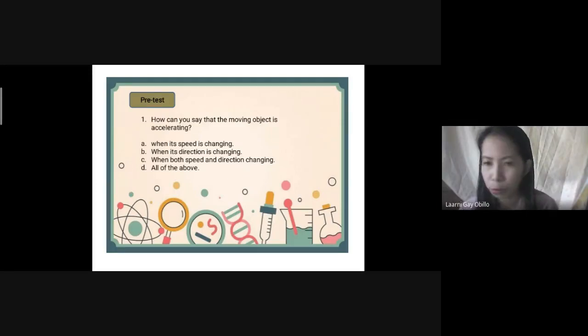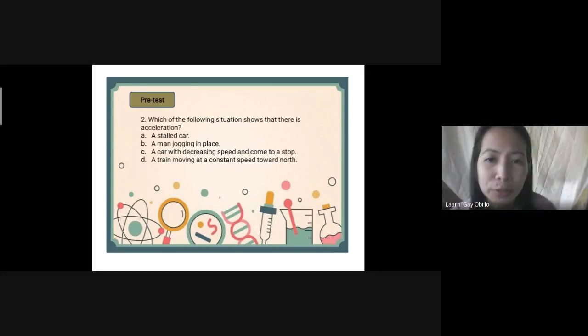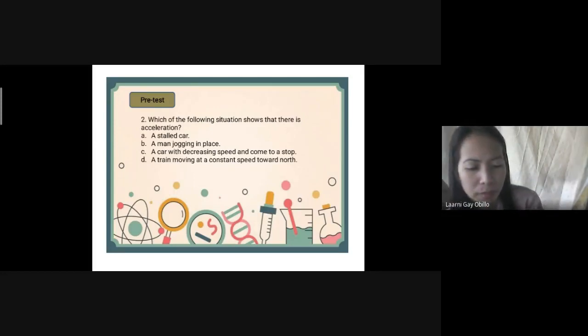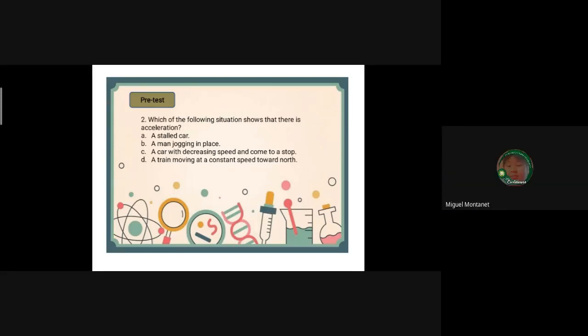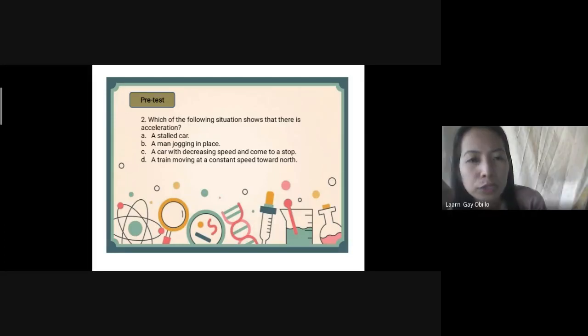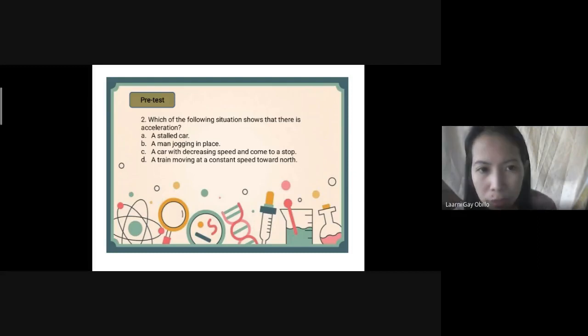For number 2, write your answer. Which of the following situations shows that there is acceleration? A. A stalled car. B. A man jogging in place. C. A car with decreasing speed that comes to a stop.